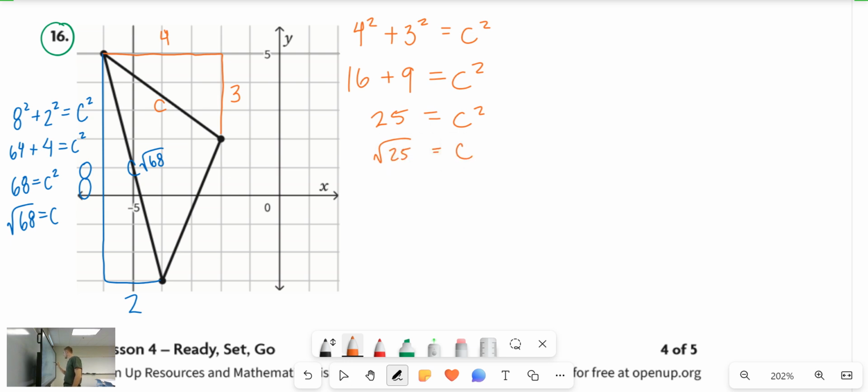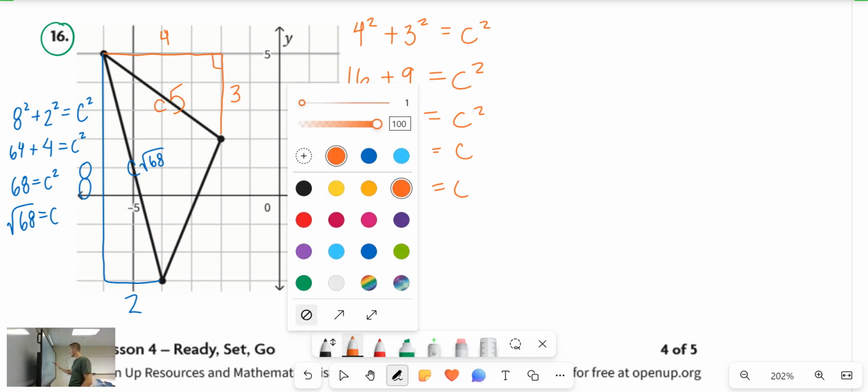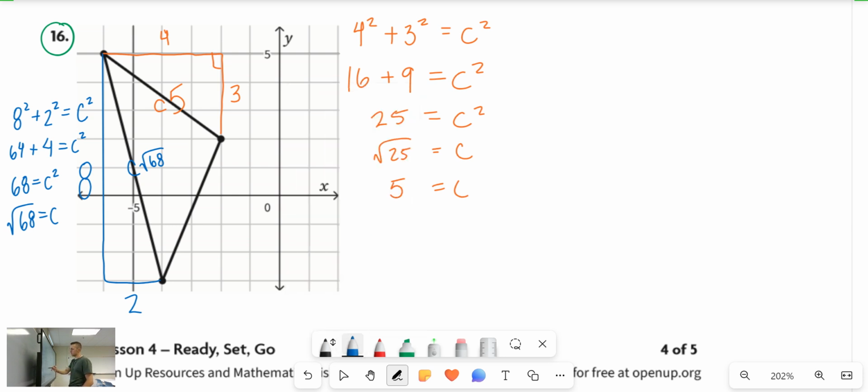Square root of 25 equals c, which means 5 equals c. So we can just replace this with a 5. There are a couple of right triangles that are special. This one is called a 3, 4, 5 special right triangle, because if your legs are 3 and 4 in length, then the hypotenuse is going to be 5.